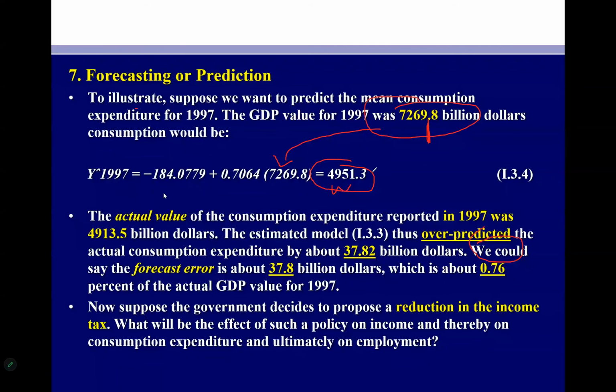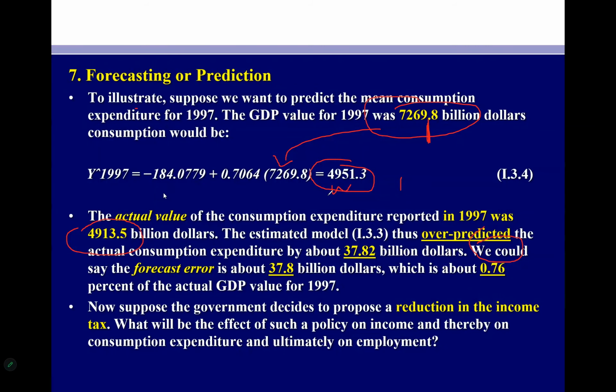Then sometimes with the data, you can see the observed value. The observed or actual value may be this one, and the predicted value is this. That means there is a difference between the actual value and the predicted value.